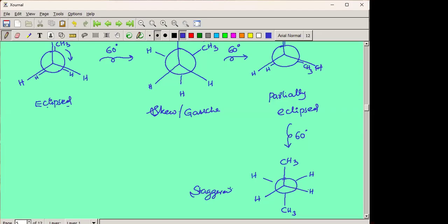Yes, sir. Okay, so this is a staggered form. Now this is called fully eclipsed, that is the cyclic one. So this is called syn periplanar.